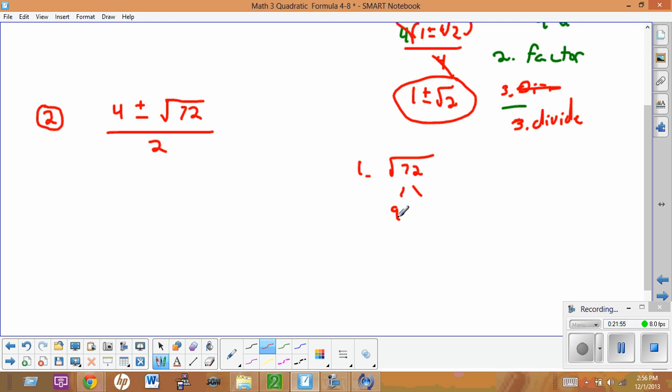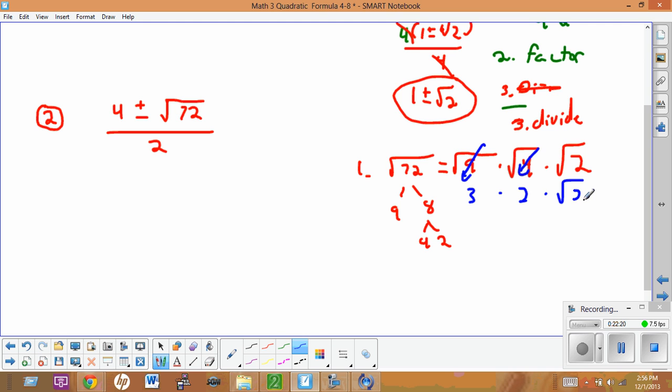So this is the square root of 9 times the square root of 4 times the square root of 2. I know this is 3 times 2 times the square root of 2. 3 times 2 is 6, so this is 6 square roots of 2. So rewriting this, this is 4 plus or minus 6 square roots of 2 all over 2.